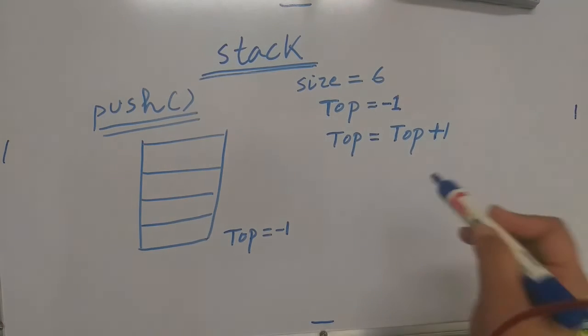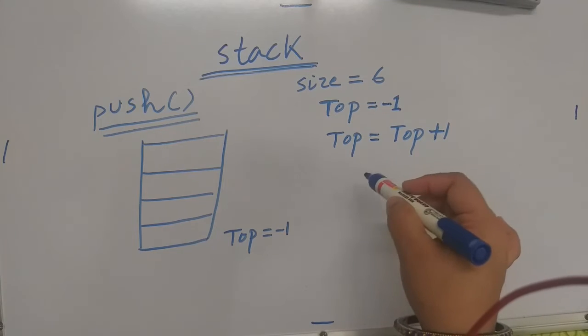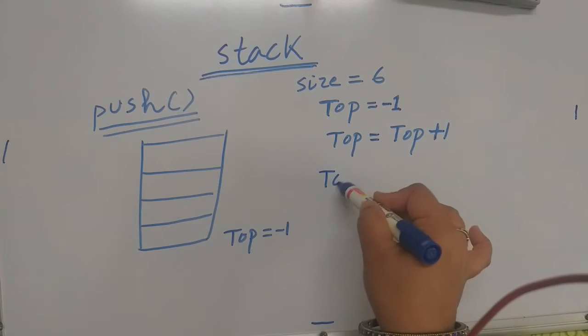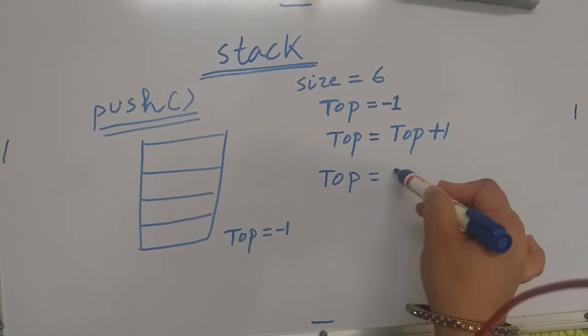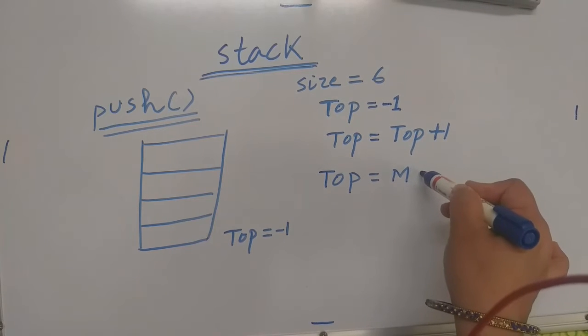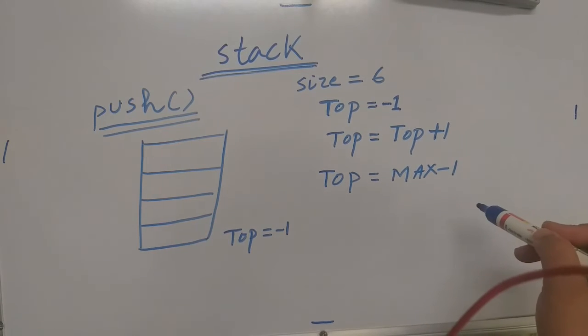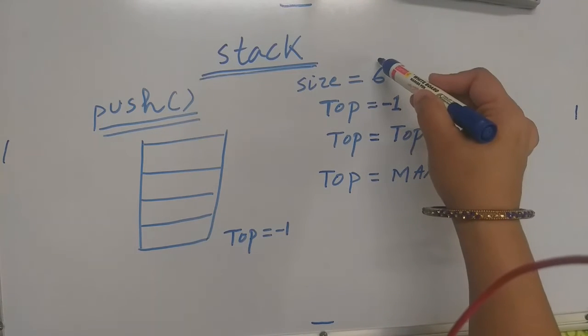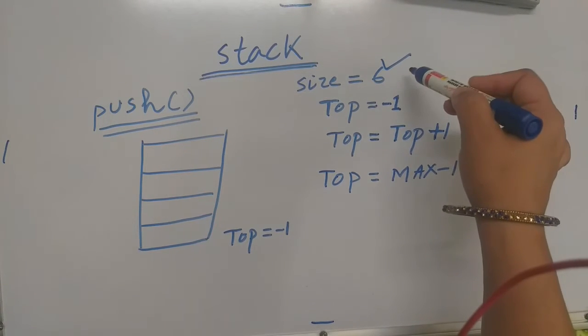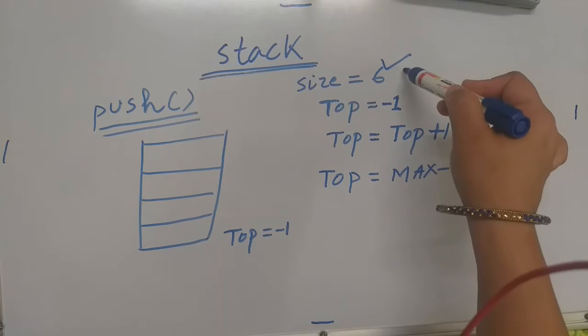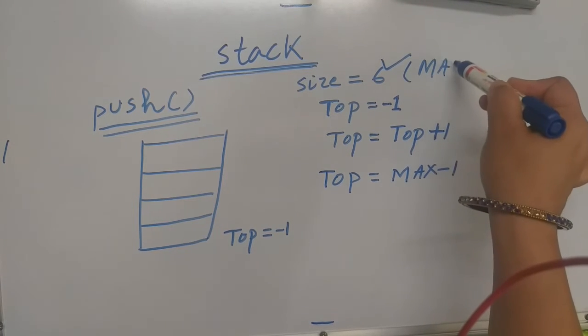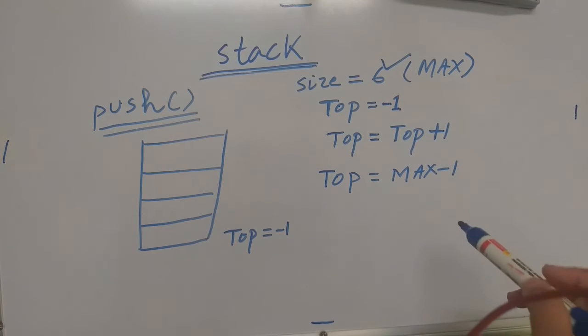Before that, first we check whether the top position is equal to max -1 or not. Maximum is the size; here the maximum size given is 6. So this is your max.